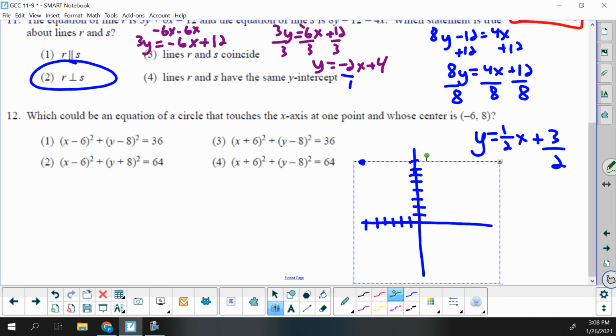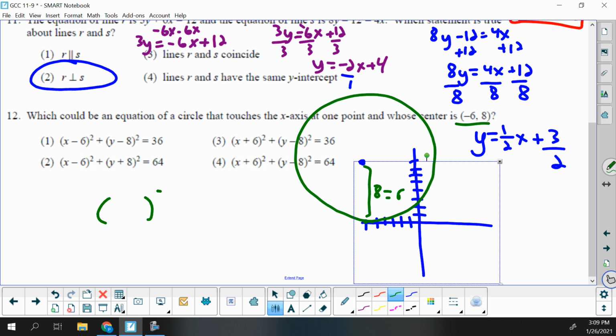And they said we have a circle that's going to just touch the x-axis at one spot. So that means that's as low as it's going to go right there. So that means that our radius is going to be 8. Because the circle will end up looking kind of like that. So we've got a radius of 8, and we've got our center.